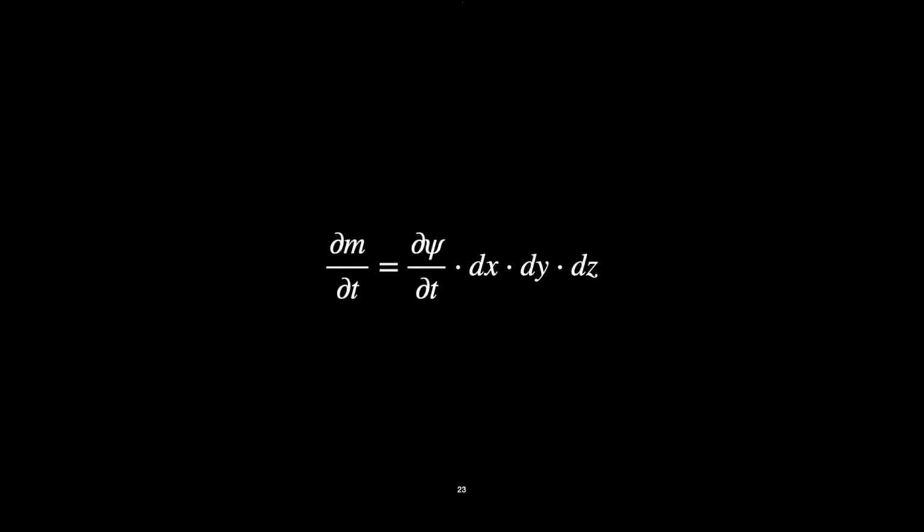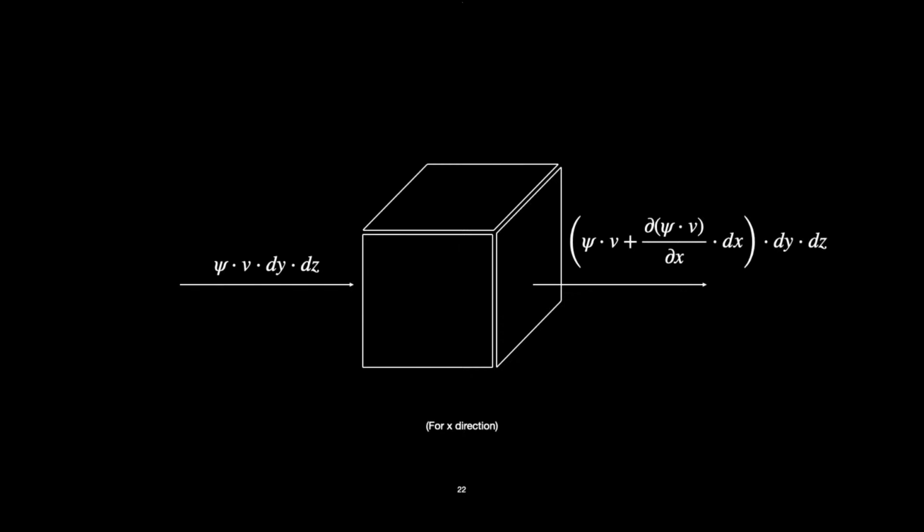Now, this is completely unrelated to our mass equation, and it's really simple. The rate of change of mass is going to be the rate of change of density with respect to time, times dx times dz times dy. This is really simple. We're going to write mass in terms of density because we are working in terms of density. What we did with Euler's is the same.